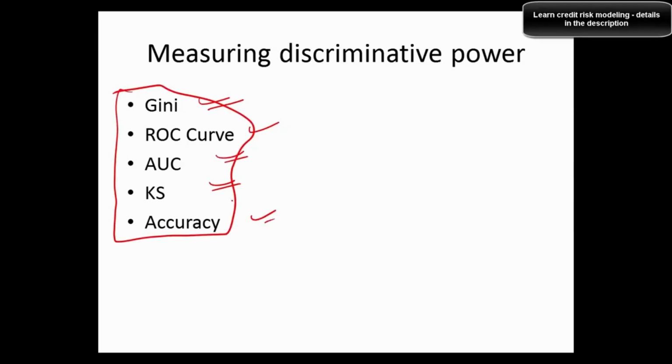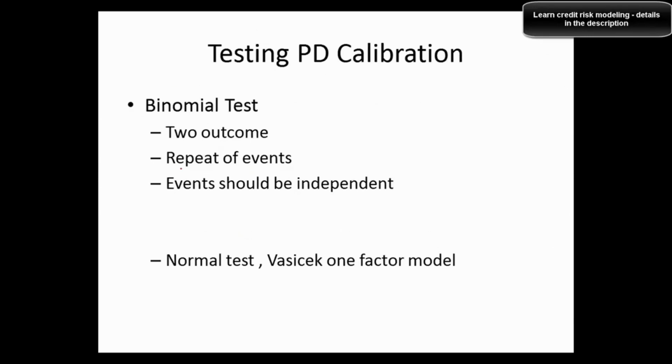Nowadays most proprietary software will give these directly. If you are using open source ones, then you have to write your own code to find PSI or AUC or KS values. But that should not be an issue as long as you understand the way these should be computed.